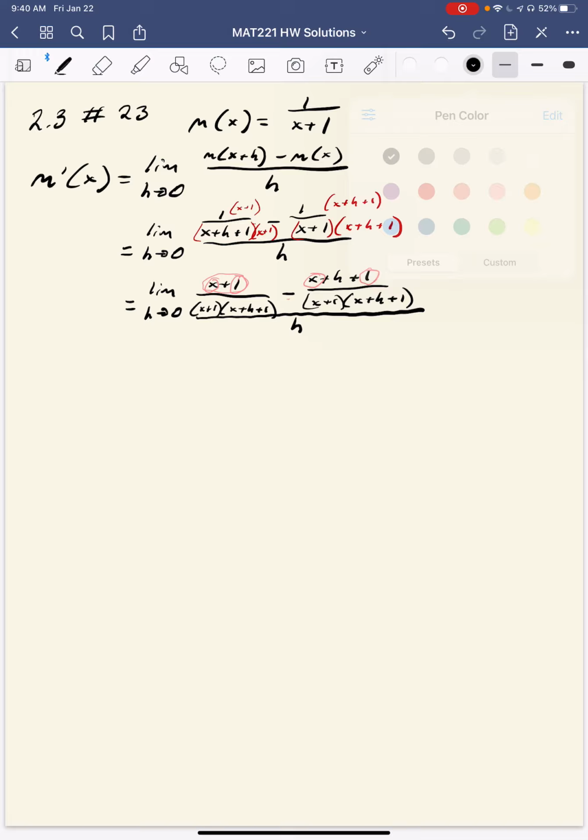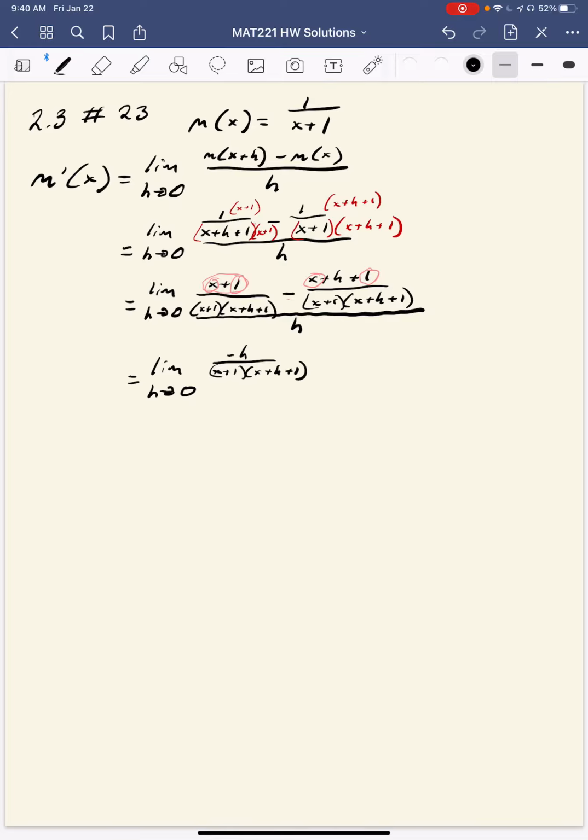So in other words, I now have the limit as h approaches 0 of, in the numerator of my numerator, negative h because I have 0 minus h, all over x plus 1 times x plus h plus 1, all of that divided by h.